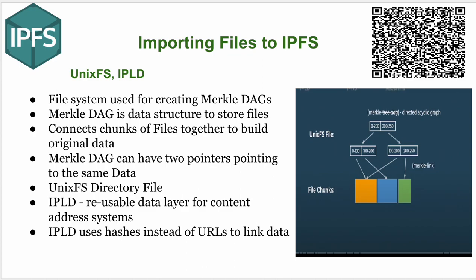Merkle DAG is the data structure that IPFS uses to store files. When you're talking about storage of files on IPFS, the data structure is actually a Merkle DAG. I still have a slide where I'm going to focus on the concept of Merkle DAG.